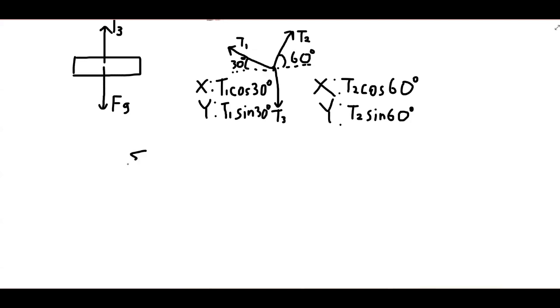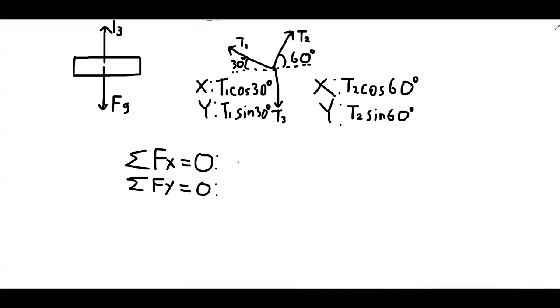So, sigma F. In the x direction, we need to sum up the forces, and that needs to equal zero because I don't want the traffic light to move side to side.